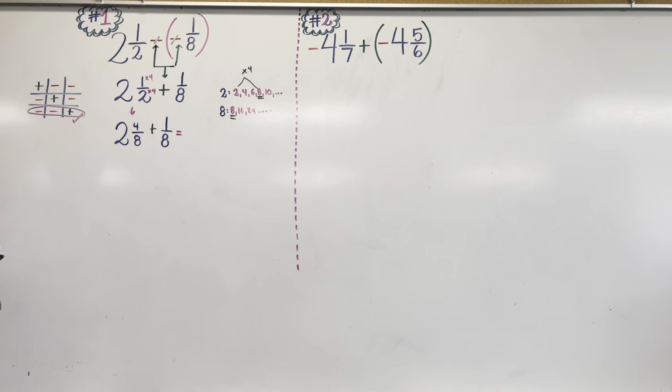Each pizza, or pie, has 8 slices. The 2 represents that I have 2 whole pies, meaning I have all the slices within the first 2 pies. So I'm going to shade in all of the slices.